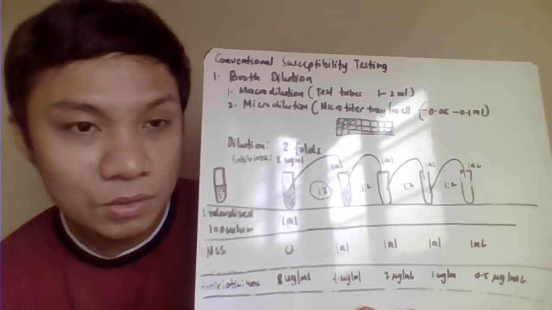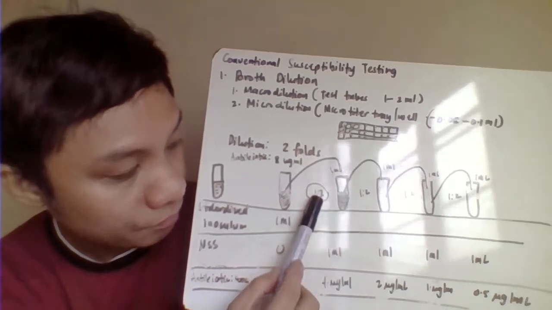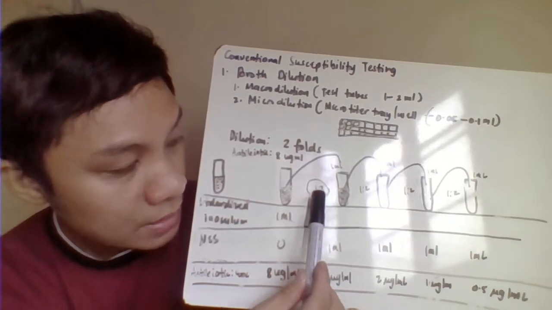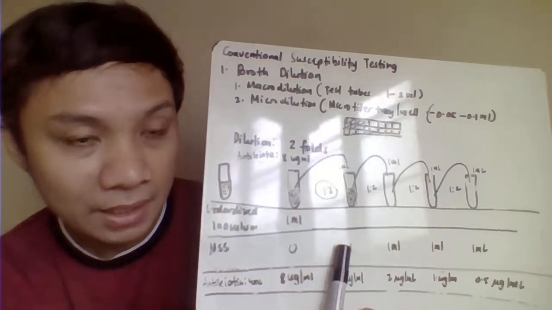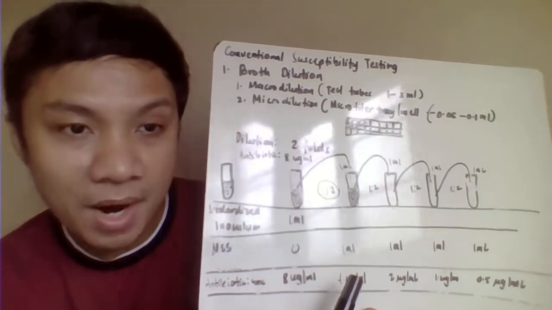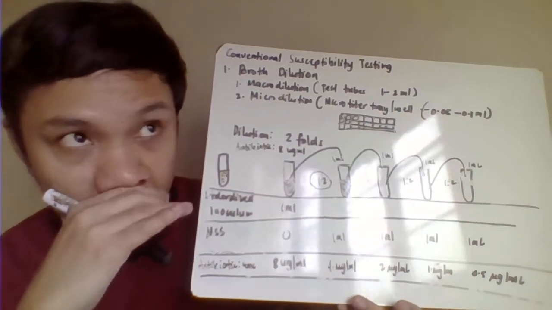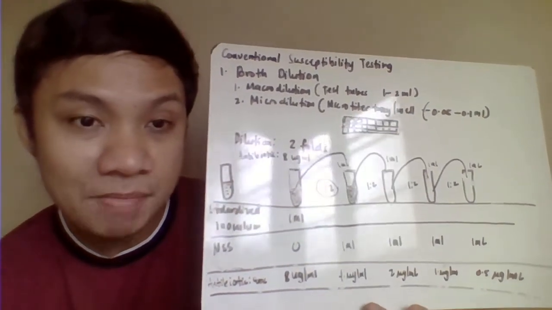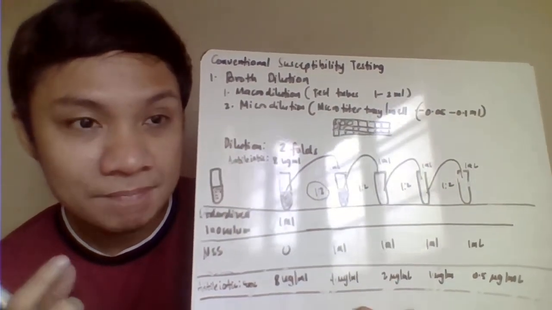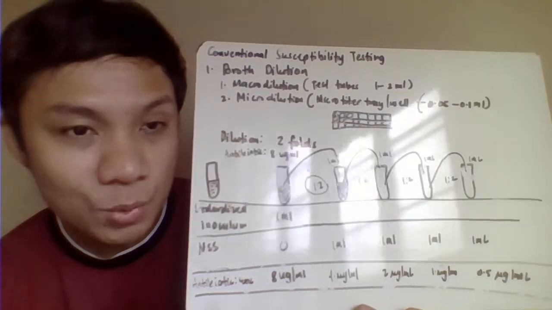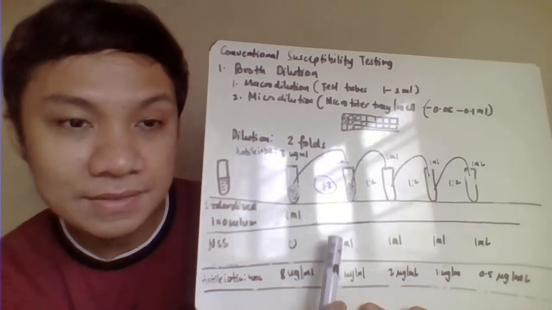Hindi ibig sabihin ng 1:2 dilution is 1 part solute and 2 parts solvent. Because the 2 here sa baba, your denominator, pertains to the total volume ng solution natin. Pag sinabing solution, it is your solvent plus your solute. So therefore, 1:2 is prepare here 1 part ni solute saka 1 part ni solvent.